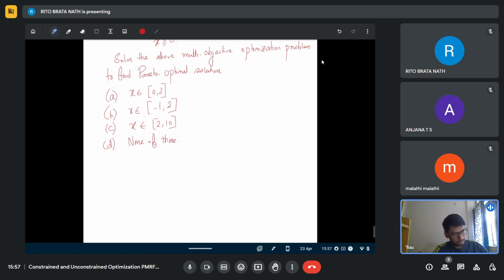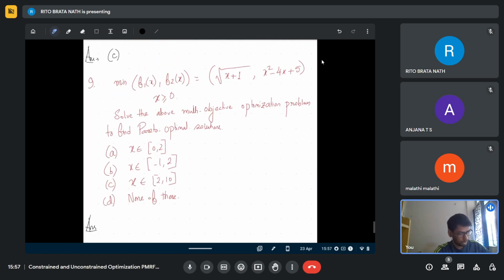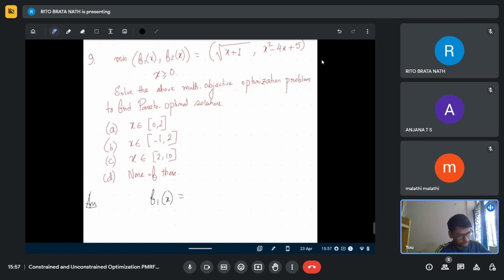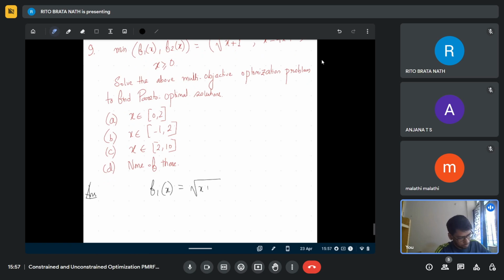Okay, so let me see how we can solve this problem. In the class it was discussed, and the graphs of these two functions were also drawn. I'm not drawing the graphs here, but let me do it mathematically. You have f1(x) equals root x plus 1, and x greater than or equal to 0.